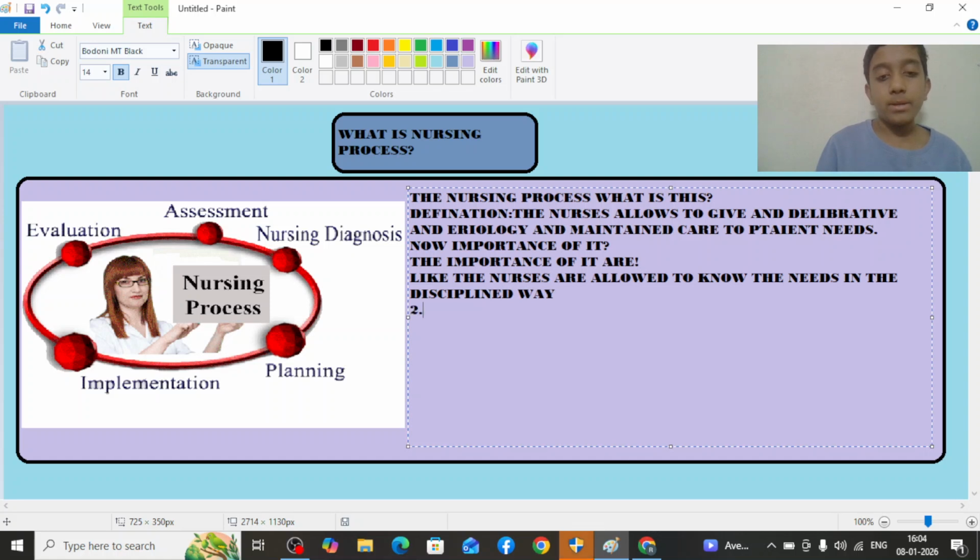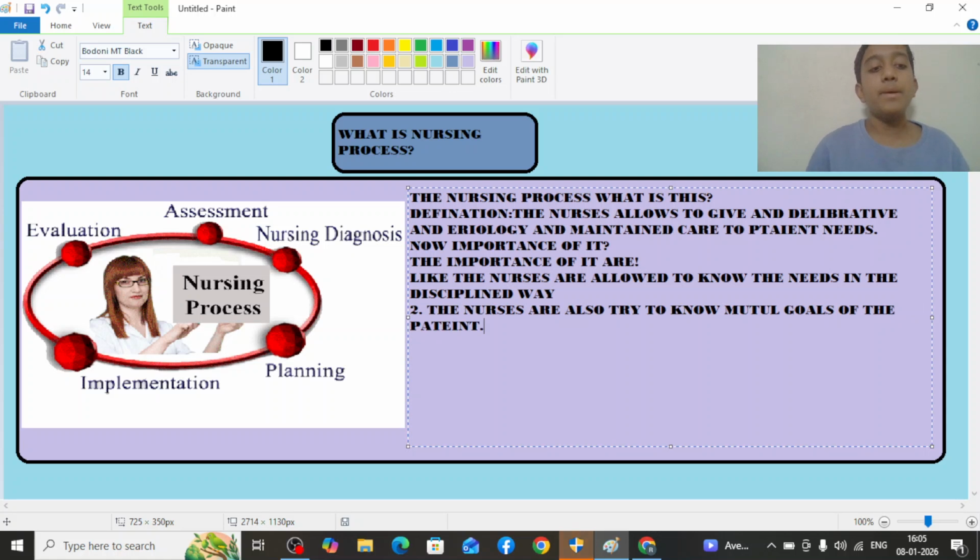And second, nurses also try to know the mutual goals of the patient. Now, what are the mutual goals of the patient?